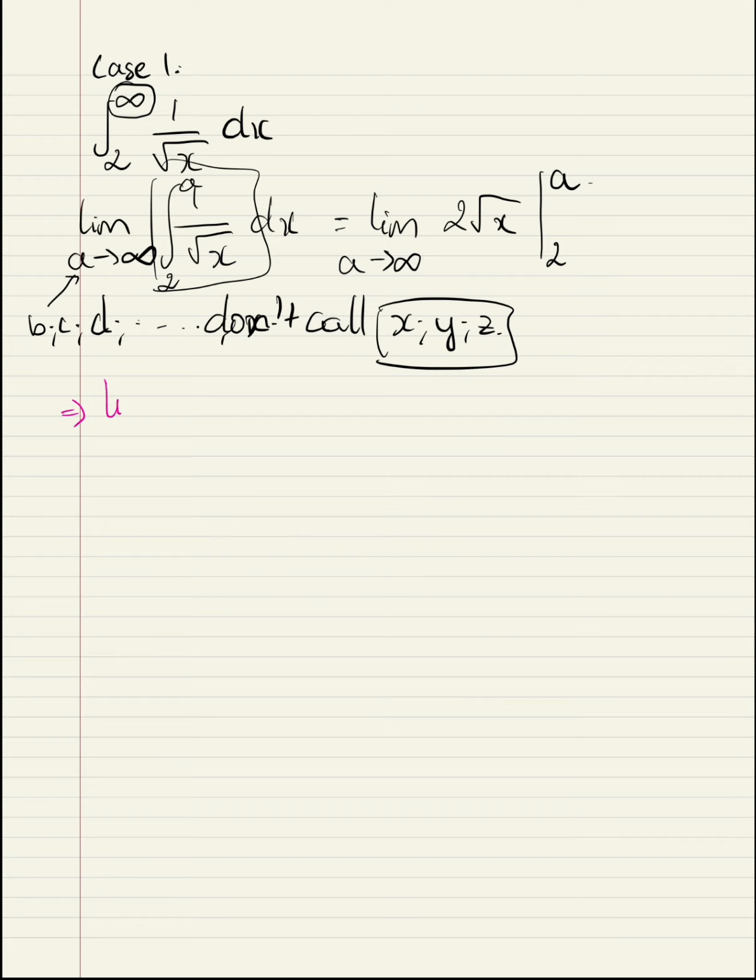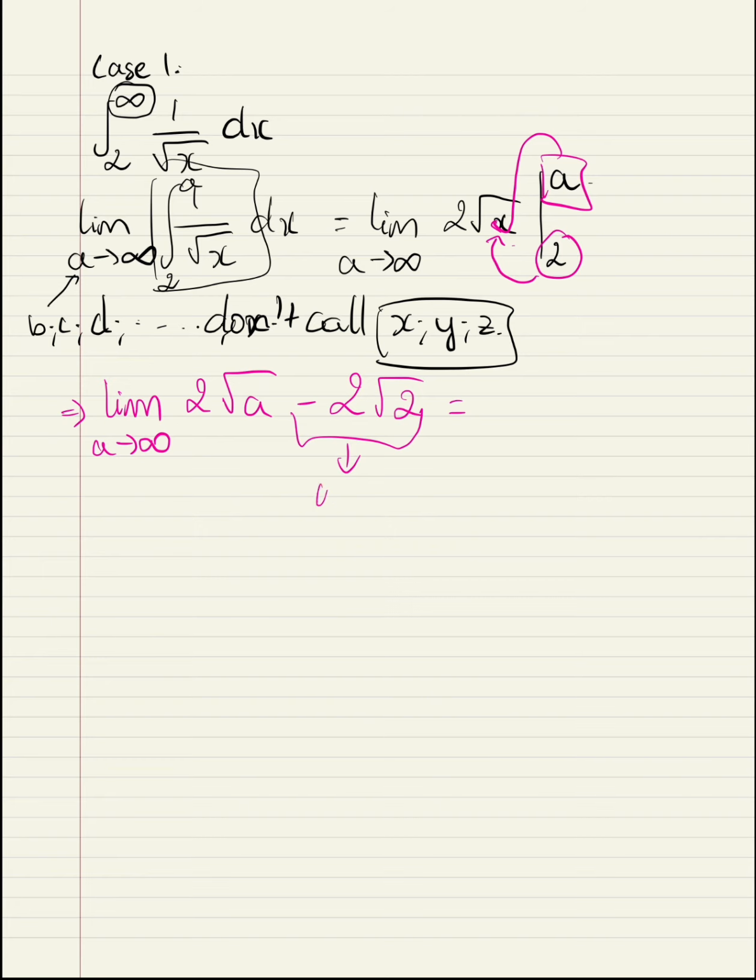Right now this is going to be the limit as a goes to infinity of 2 square root a, you just plug a in here, minus 2 square root 2. Okay, so this one, 2 square root a minus 2 square root 2, this 2 square root 2 is the constant.